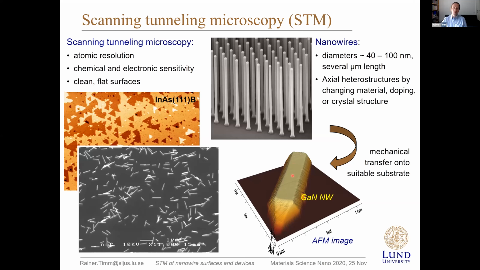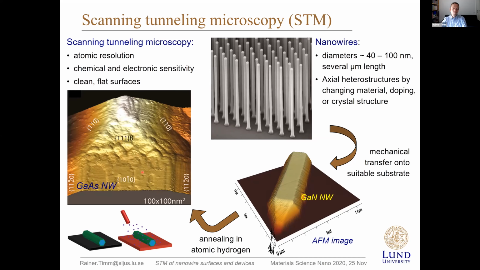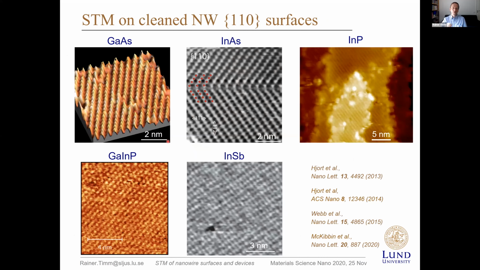The next challenge is that these 3-5 materials, when they have been grown and are transported through air, oxidize. So we need to get rid of the native oxide on these surfaces, and that we do by annealing them in atomic hydrogen. And if that works well, we can resolve their structure, even zoom further in and see atoms on the side facets of the individual structure.